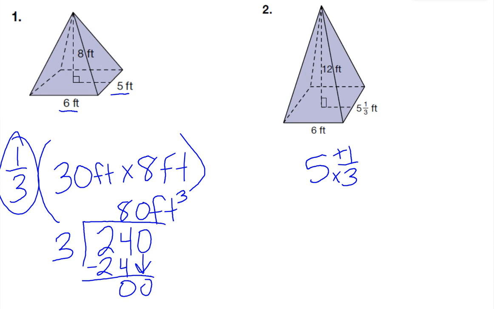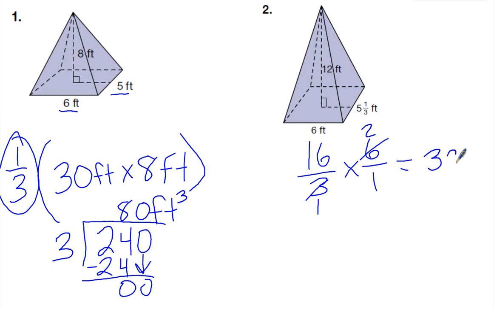So this is going to be 16/3 times 6. We cancel first. So we have 16 times 2, which equals 32 feet. Okay, so that's my base, 32 feet.